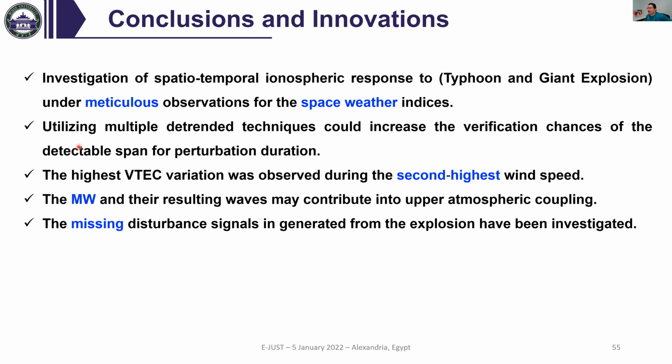Also, we used multiple detrending techniques that could increase the verification chances of the detectable span for perturbation duration. The highest TEC value during the cyclone happened during the second highest wind speed, and this was a new finding in this research.